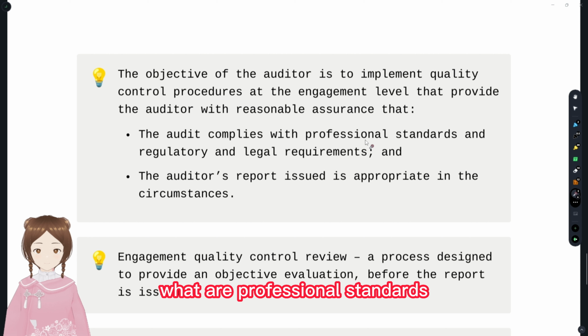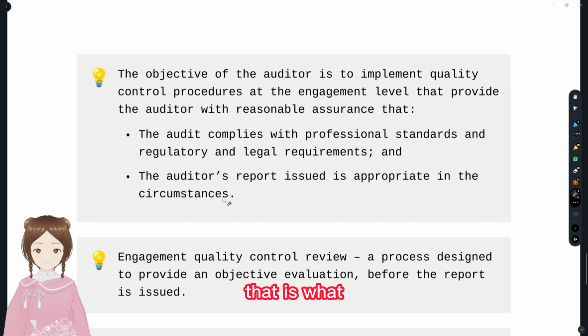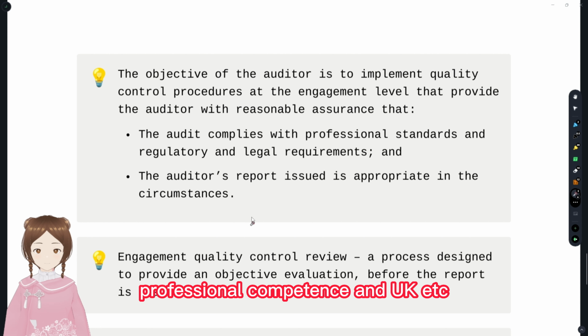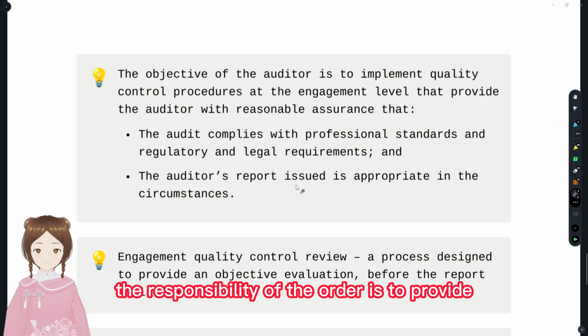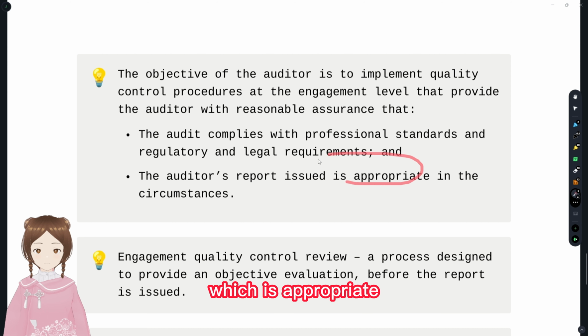Professional standards are the standards on accounting, regulatory requirements as per law, and legal requirements, such as independence, integrity, objectivity, professional competence and due care. And the reason he has taken the engagement is to provide an audit report. The responsibility of the auditor is to provide an auditor's report which is appropriate.